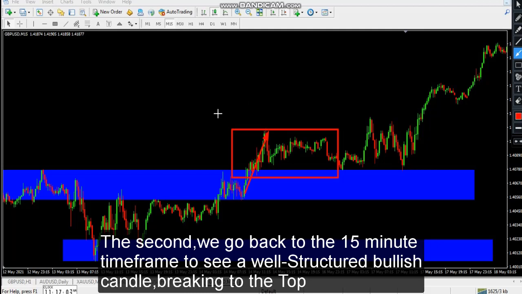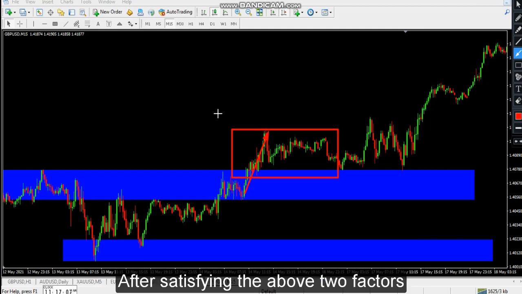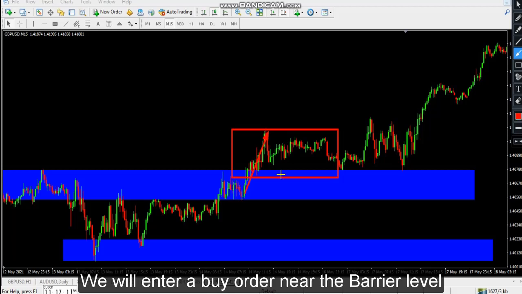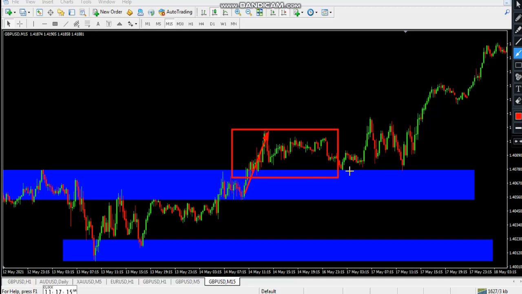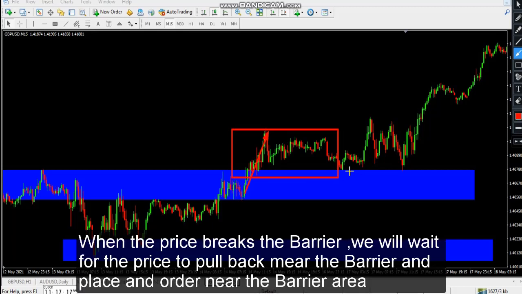After satisfying these two factors, we will enter a buy order near the barrier level. When the price breaks the barrier, we will wait for the price to pull back near the barrier and place an order near the barrier area.